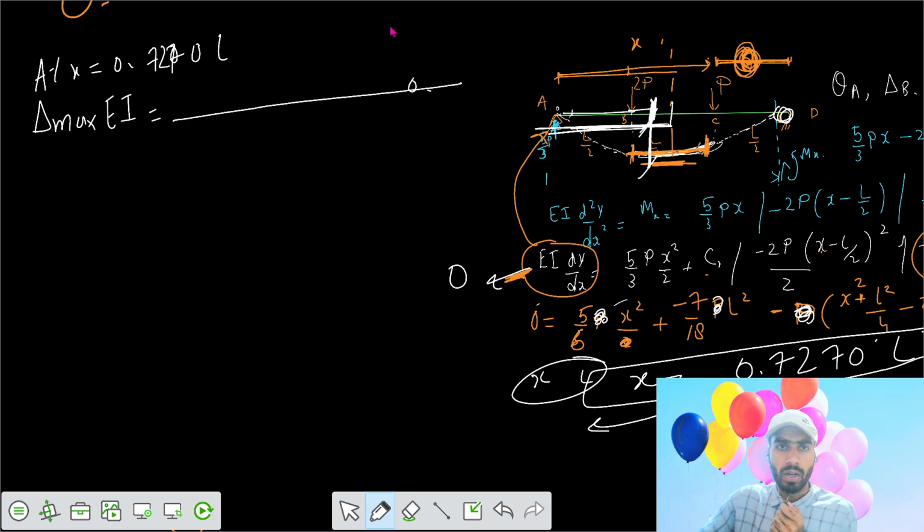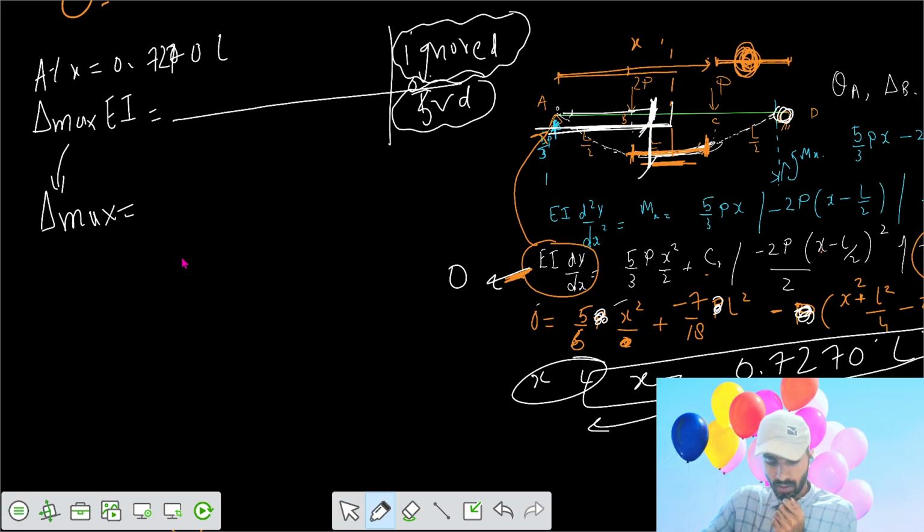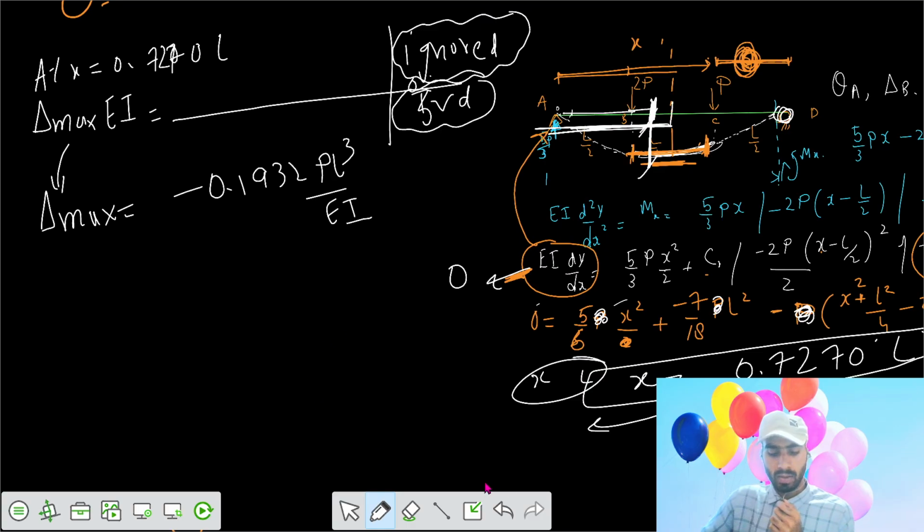In that, we have to ignore the last term because that was not included in the calculation of x. The third part you have to ignore. When you ignore the third part and substitute the value of x, you get the delta maximum. That would be minus 0.1932 PL cube divided by EI.